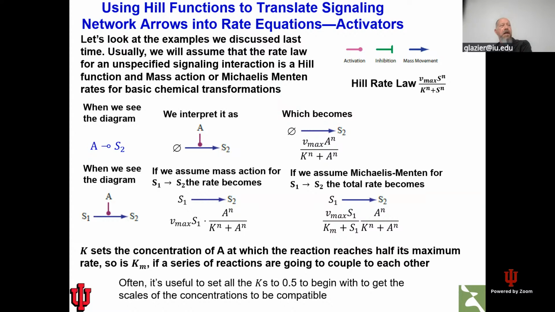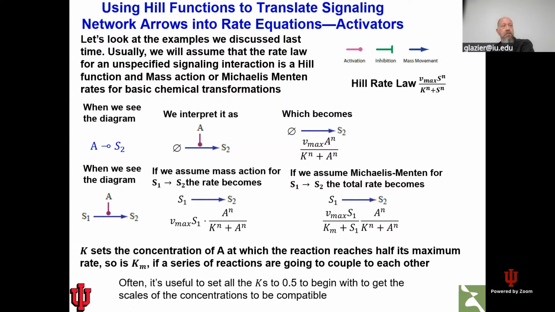So if we see that A promotes S2, and we don't know anything else, we assume that that means that nothing goes to S2, and the rate of production of S2 is regulated by A. And because it's a lollipop arrow, that means it's an activator. So that means that if we have no A, we don't get S2. If we have a lot of A, we get some S2. We also know that in biology, we never have infinite rates. There's always some maximal rate of production of anything.